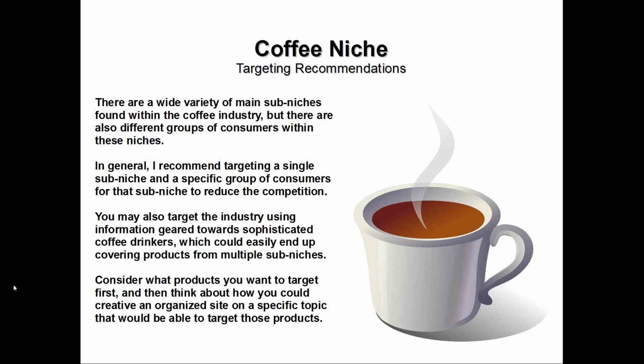If you have a particular topic in mind already, let's say maybe you're an avid coffee drinker and you have a lot of information and knowledge already in your head about one very particular type of coffee or one part of the niche, by all means, start based on that idea and figure out what kind of products you can target. But for most people that may not have an idea of what they want their niche to really be, they might be better off thinking about the products that they want to target first and kind of working backwards.